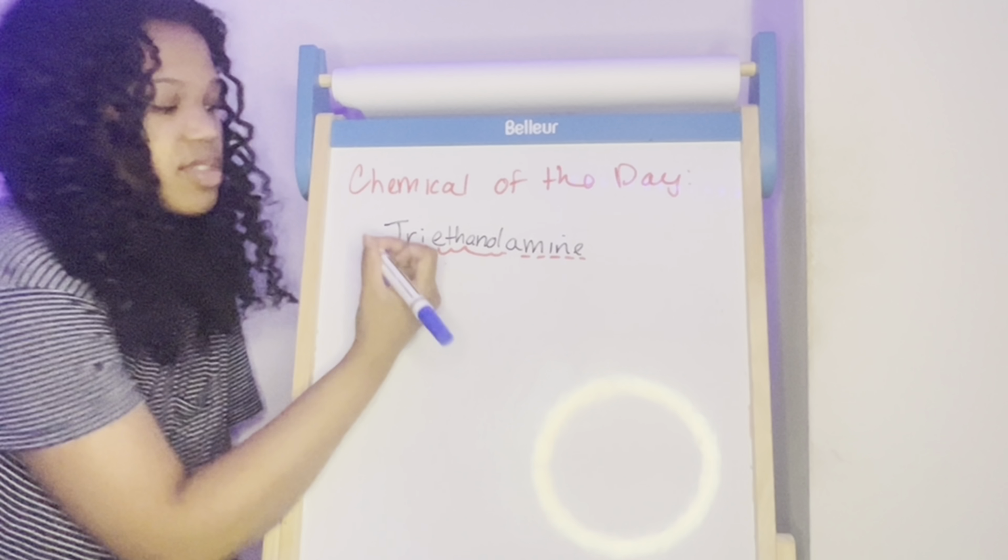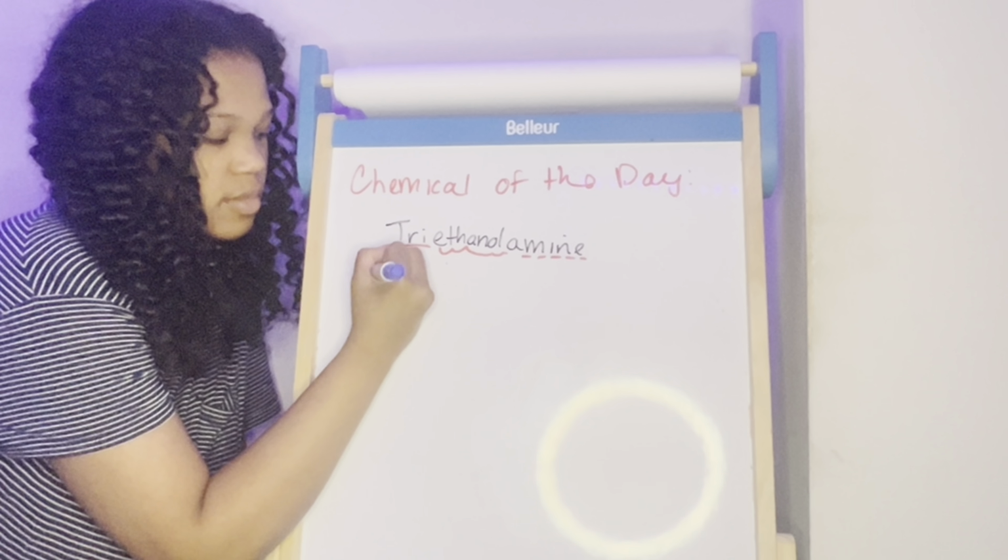To break down the prefix system, we have mono, di, tri, tetra, penta, hexa, hepta, octa, nona, and deca.